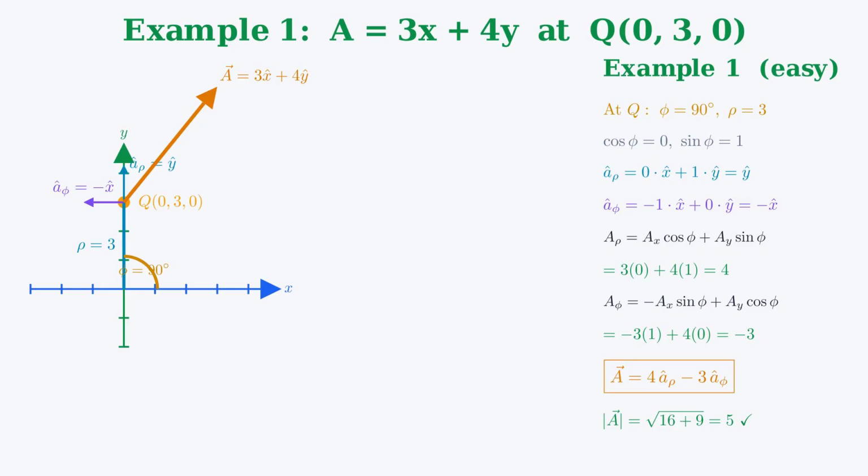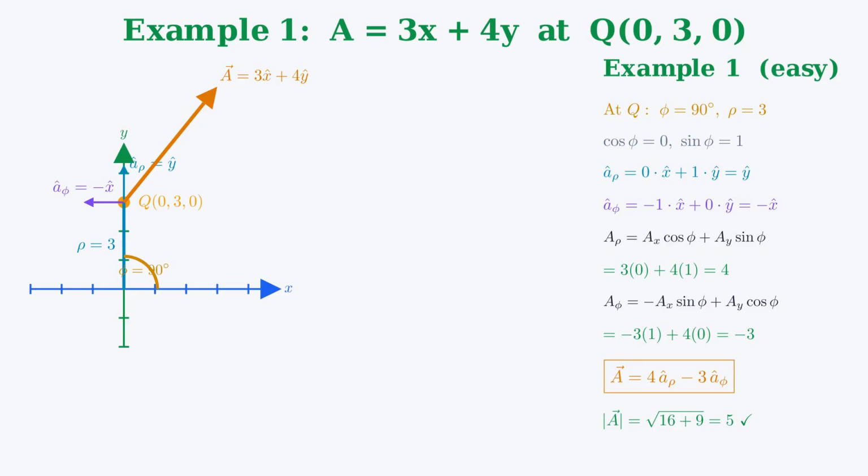Now project. A rho equals Ax cosine phi plus Ay sine phi equals 3 times 0 plus 4 times 1 equals 4. A phi equals minus Ax sine phi plus Ay cosine phi equals minus 3 times 1 plus 4 times 0 equals minus 3.